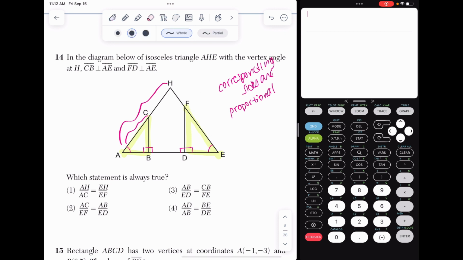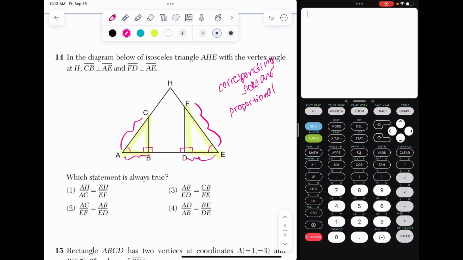So let's take a look at choice 2. AC corresponds to EF, that's true. And AB corresponds to ED, that's true. So this one looks like it's the answer to me because those are actually corresponding sides of the similar triangles, whereas choice 1 was not talking about the similar triangles.